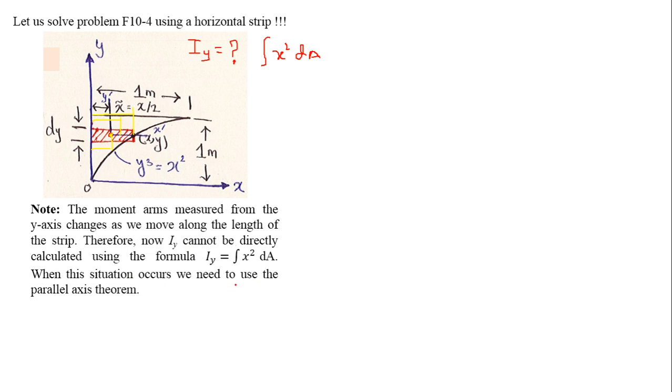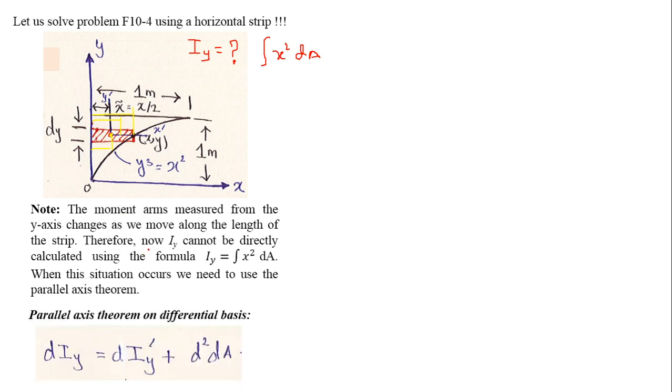When this situation occurs, we need to use the parallel axis theorem. And since the parallel axis theorem is now being utilized on this differential element, because these moment arms are varying along this differential element, the parallel axis theorem will be considered on a differential basis.